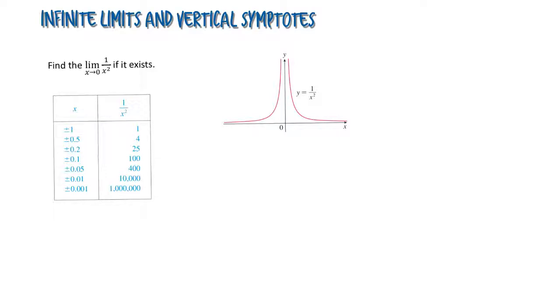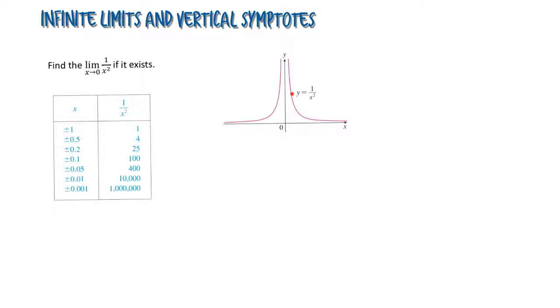I want you to notice that in both cases, whether you look at the graph or the table, you're going to notice the same pattern. I'm going to go ahead and observe the graph. Let's look at the right-hand limit. As x approaches 0 from the right, imagine that you're moving from the right all the way towards 0. Look at the y values of the graph.